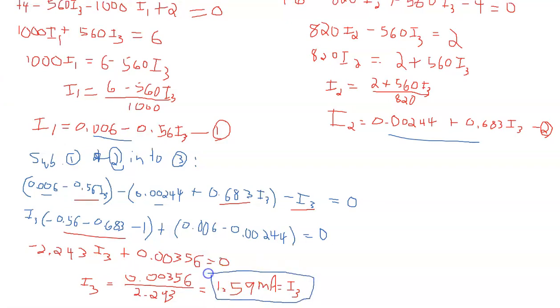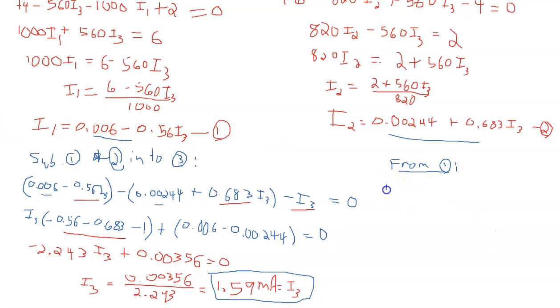Okay, so our job now is to find as well I1 and I2. And from expression 1, I'll go ahead now and do the calculations here kind of quickly. But remember that for 1 we had this expression here.